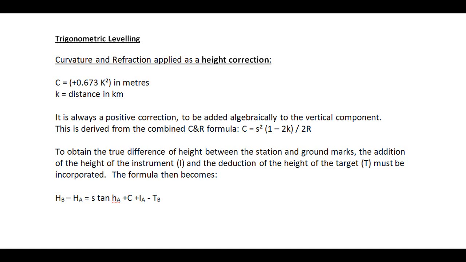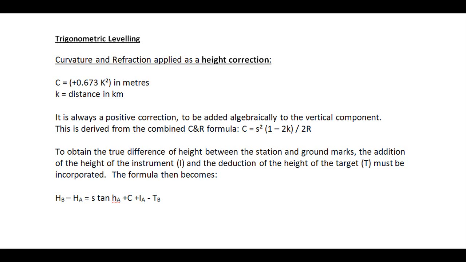It is always a positive correction, and it's added algebraically to the vertical component. This is derived from the combined curvature and refraction formula C equals S squared (1 minus 2k) over 2r, which is explained in the notes and resources that you have available.